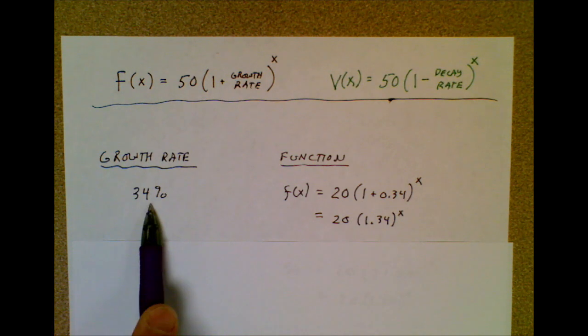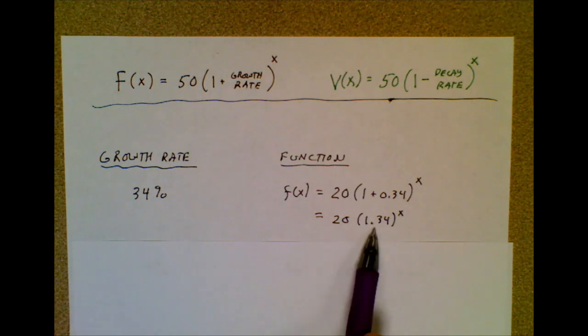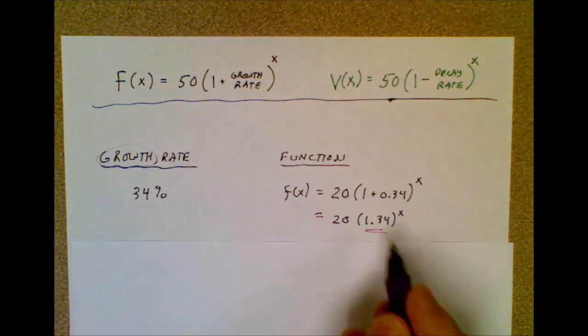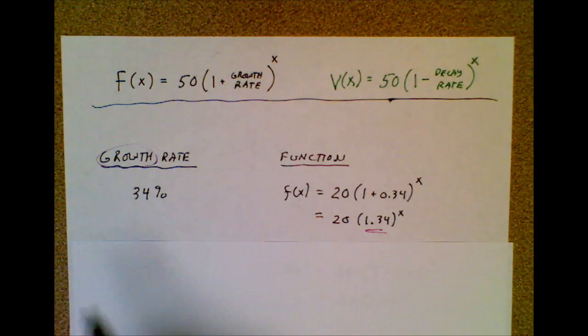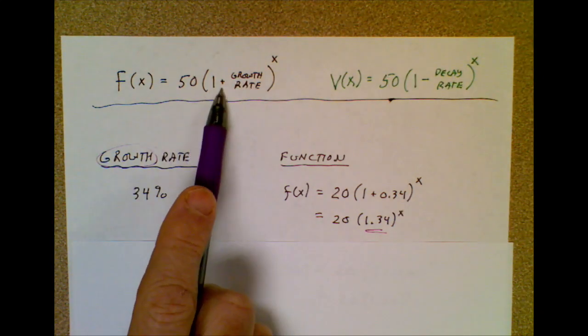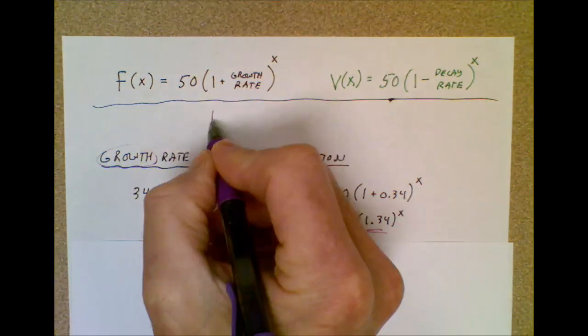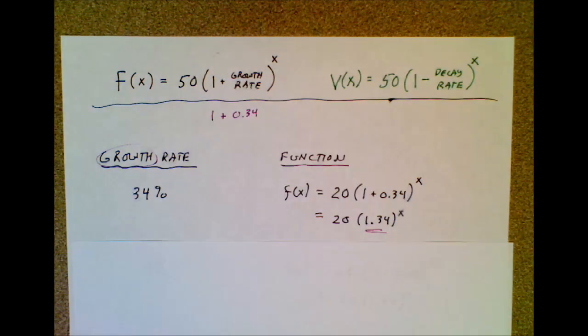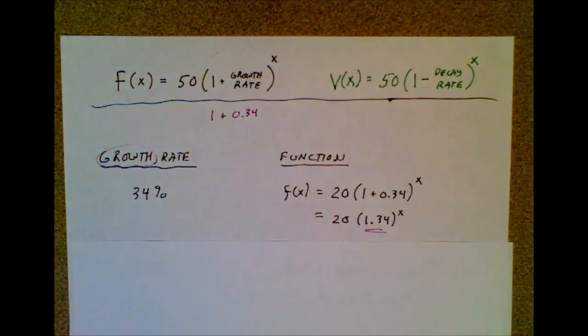So 34% growth rate is 1.34. I know it's growth because that number is bigger than 1. And what I could do if I wanted to use this is always go 1 plus the growth rate. So in this case, it's a 1 plus a decimal of 0.34. That's a 1.34.